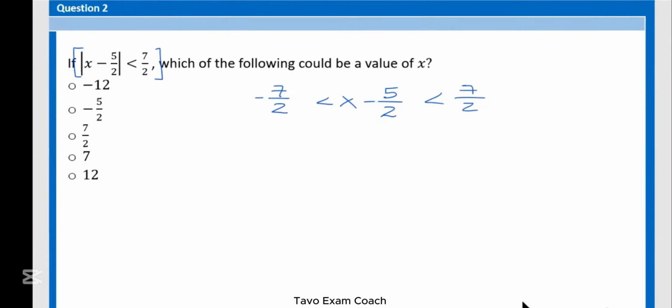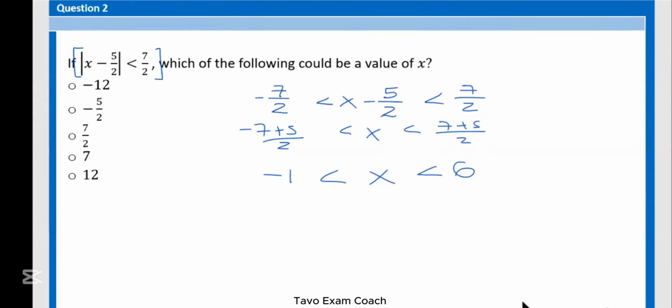If we add 5 over 2 on all sides, then we have minus 7 plus 5 over 2 less than x less than 7 plus 5 over 2. So x is between minus 1 and 6.